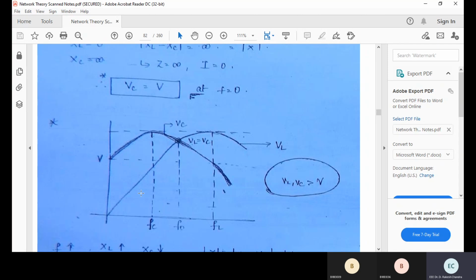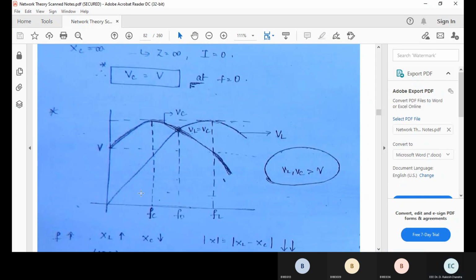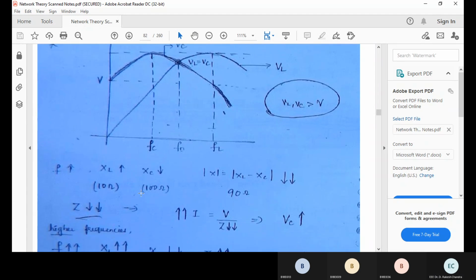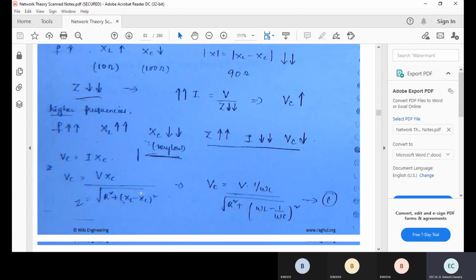After that, the inductive reactance increases, so the circuit is inductive in nature. Below the resonant frequency, it is capacitive in nature, and after the resonant frequency, it is inductive in nature. Simple phenomenon.